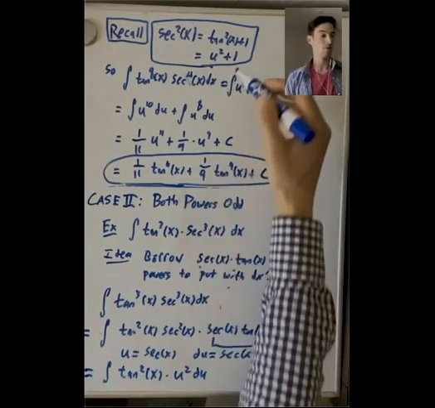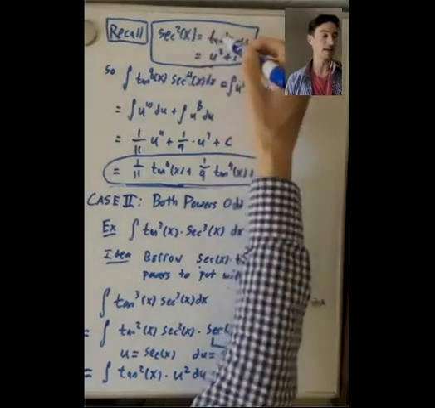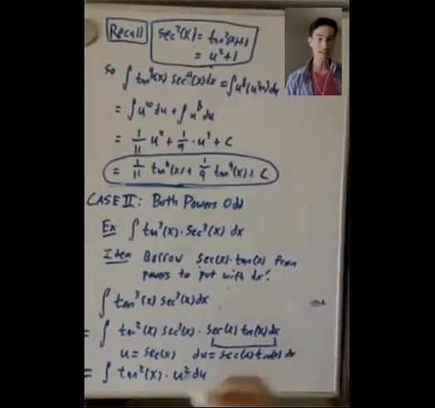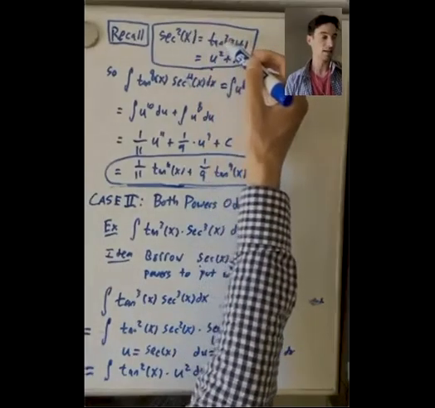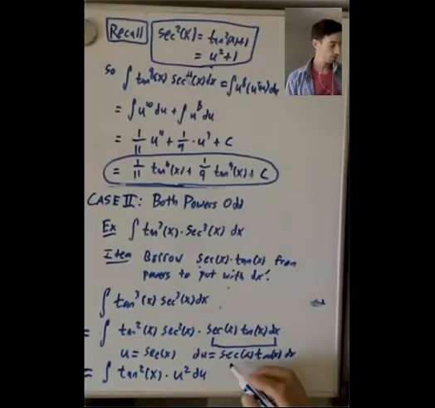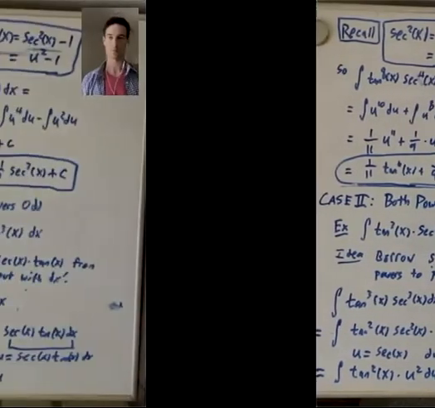And remember, in the previous case, we used this identity that secant squared x equals tan squared x plus 1. So the idea is the same. Now we're just going to move the 1 to the other side. Tan squared x equals secant squared x minus 1. So let me pause and rewrite that and do the rest of the integral.